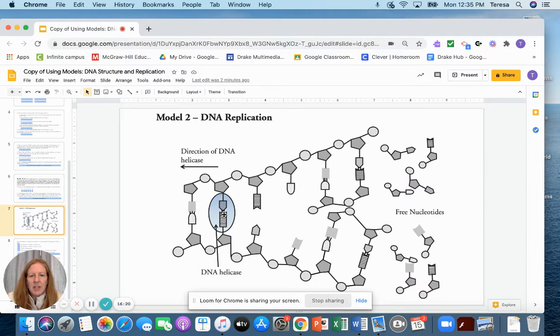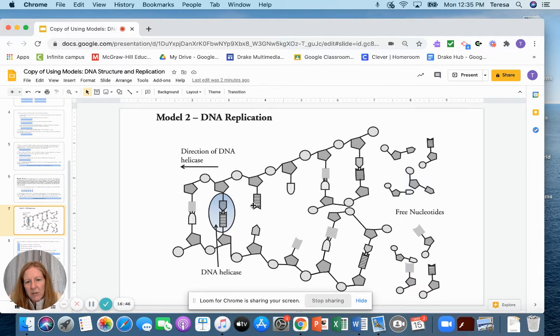So in DNA replication, your double-stranded DNA, that's linked together by hydrogen bonds, DNA helicase is going to come along and is going to snip open that DNA molecule. Okay, so that's what this picture is showing. One strand is going towards the top, the other strand is going towards the bottom, and you'll see there are all these unpaired bases across your DNA strand.